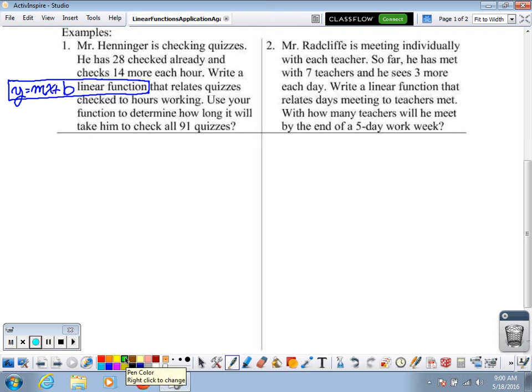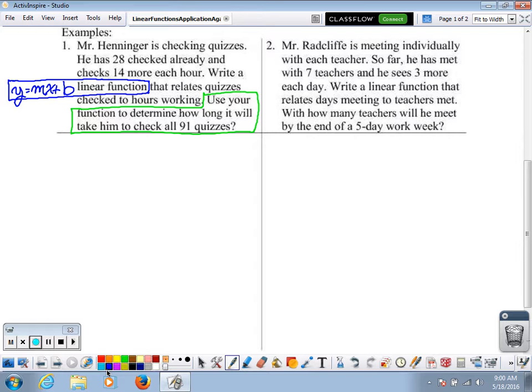Okay, this second part, use your function. That's kind of our part B. We're going to set that aside and we'll come back to it. Right now we want to focus on y equals mx plus b. We need to define our variables. Now it's math class, so we're going to gravitate towards the quizzes that he has checked already and the 14 quizzes that he checks per hour.